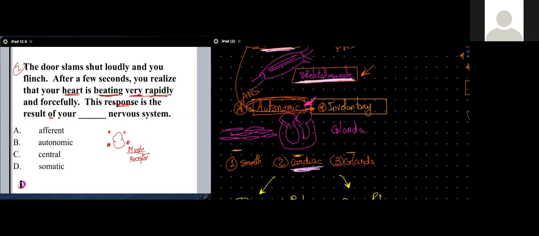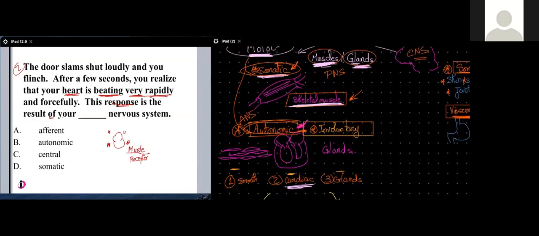Cardiac muscles. So the subdivision of the nervous system which sends out the signals to your cardiac muscles is going to be your autonomic.